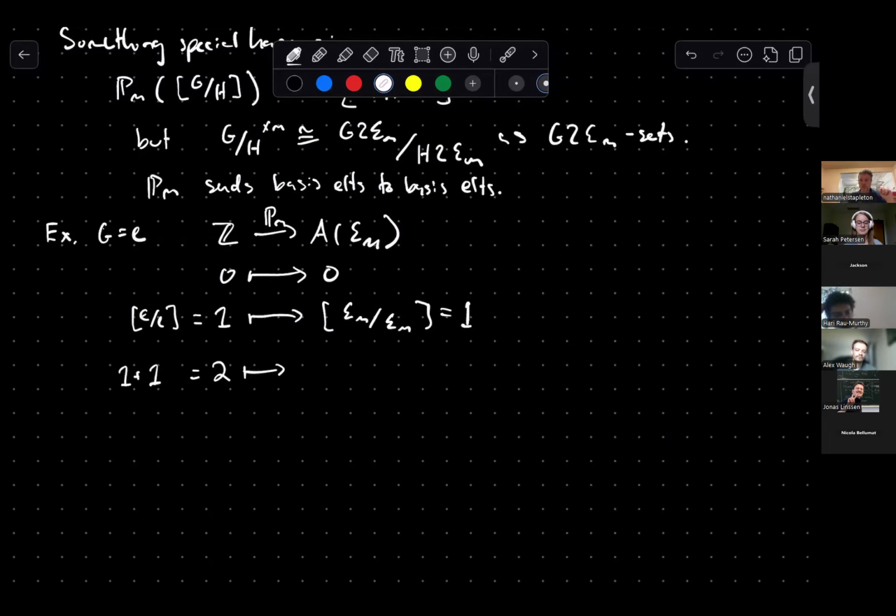And so what does this go to? Well, it goes to the sum over i plus j equals m of the transfer from sigma i times sigma j to sigma m of the external product of pi on 1 with pj on 1.